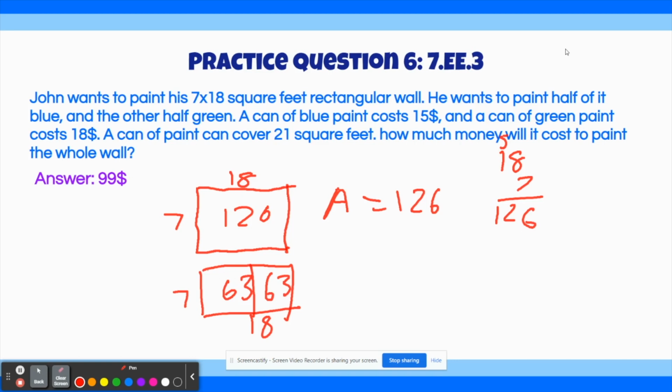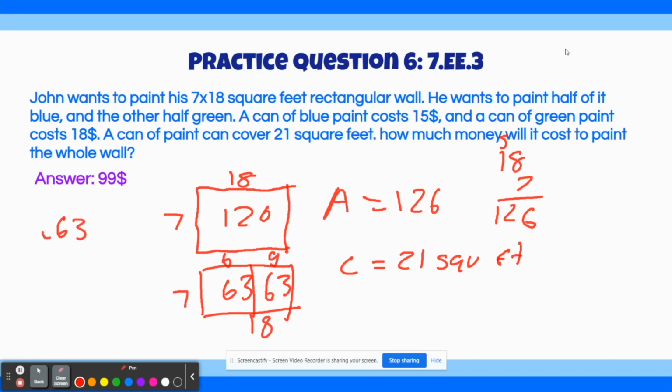And so let's say he wants to paint one half blue and the other half green. So now we need to know how many cans of paint he needs. So if one can of paint covers 21 square feet, this means that we would need 63 over 21. So since each half is 63, we can do that long division over here.